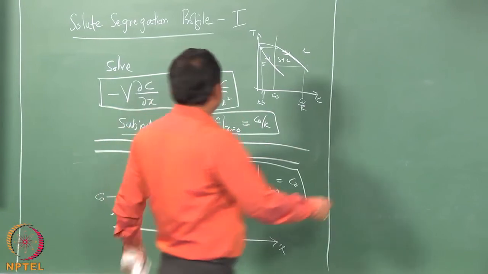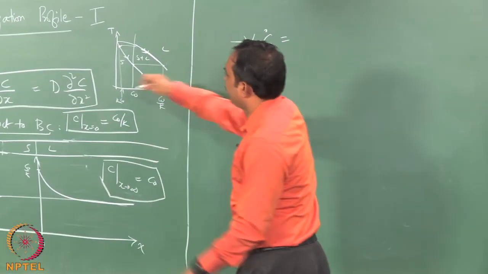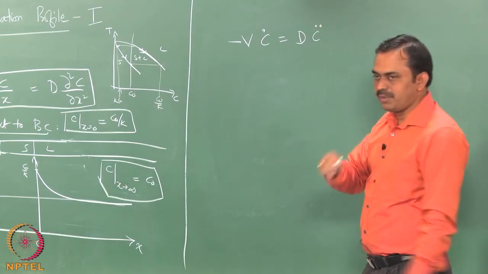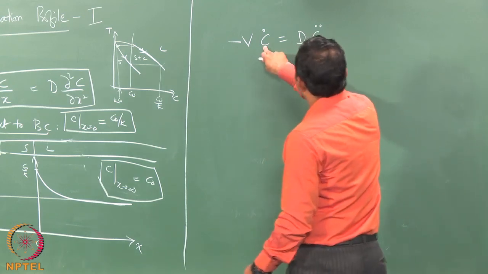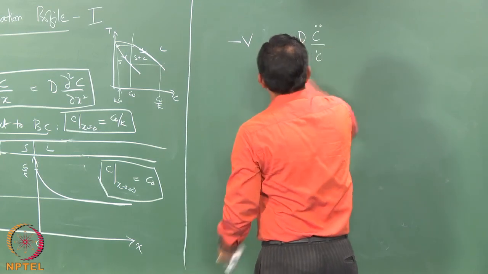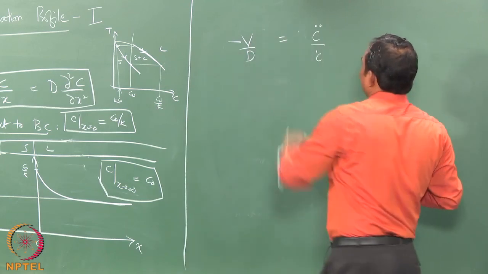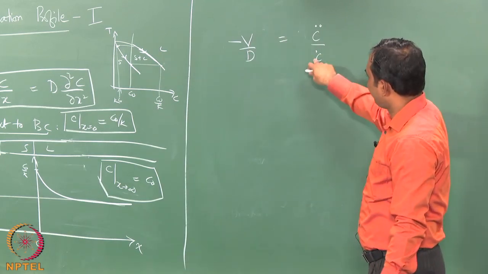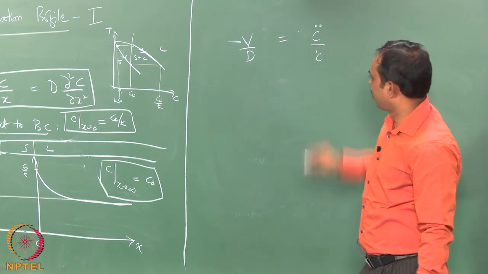So, let us designate this as C dot is equal to d C double dot. Okay. So, dot implies the differentiation with respect to the distance, and I will take this fellow down and this fellow on the other side. Okay. And we can now see that you have got, when you integrate, you have got a variable whose differentiation is on the top, and therefore, when you want to integrate you get the logarithm of it.